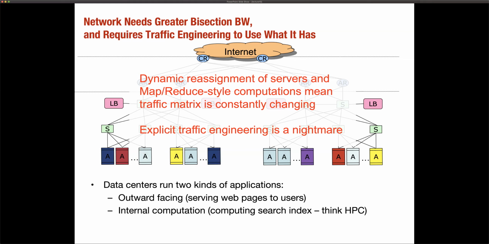To make a good traffic engineering decision, you need to know the demand, right? But if the demand is constantly changing, then good decisions are also required to change very frequently, and that is not something which the typical traffic engineering solutions are designed for, right?